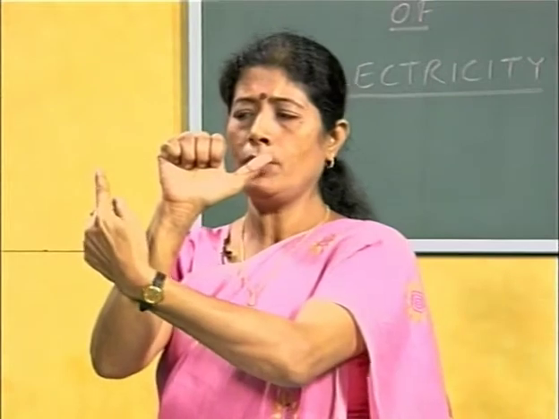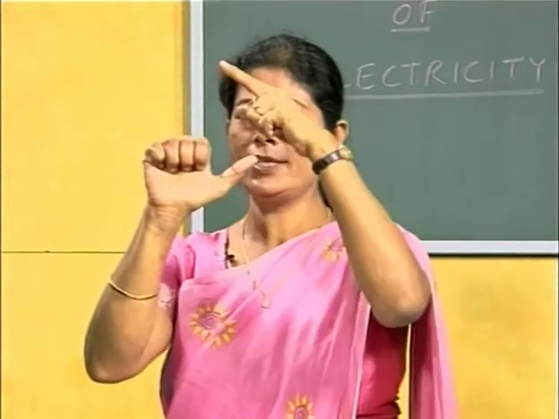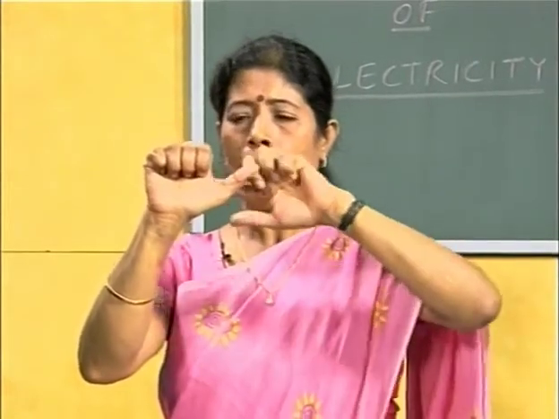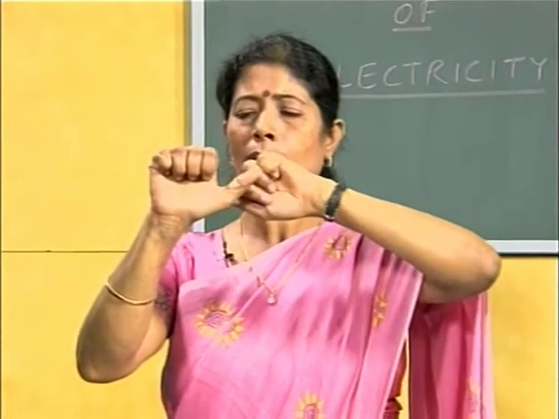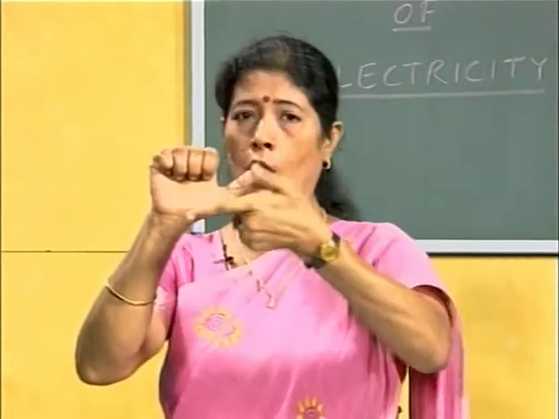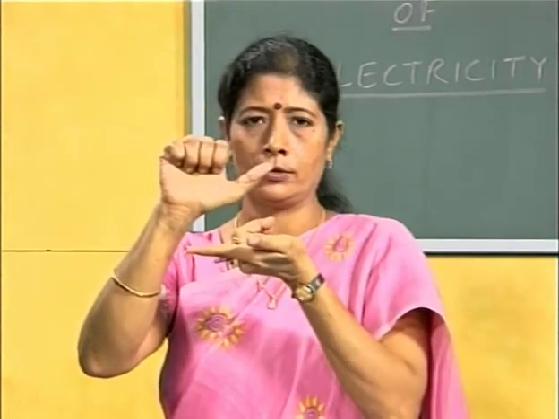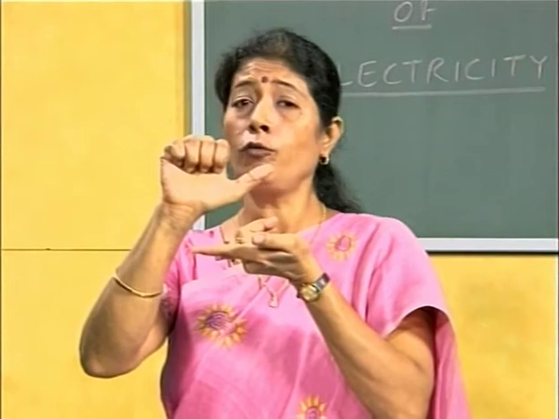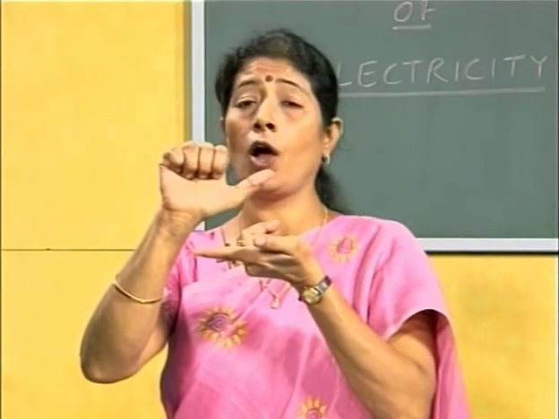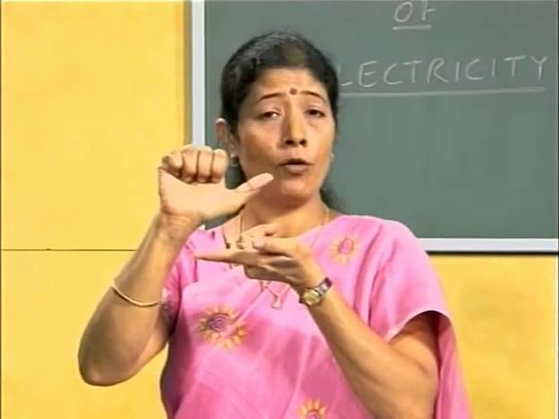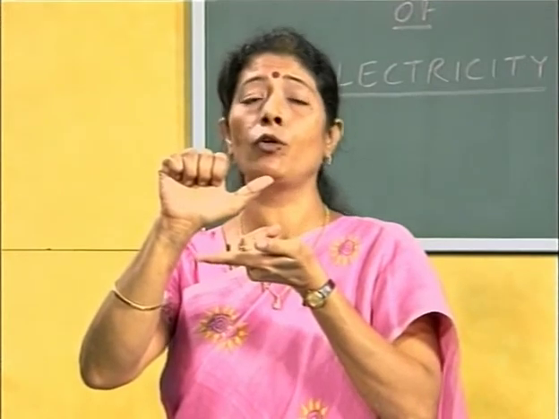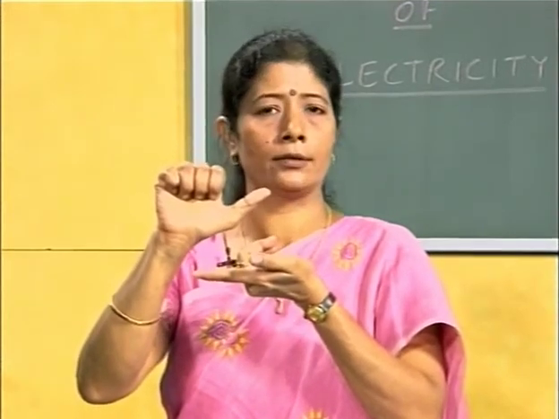As the direction is from east to west, this is north, this is south. So above the conductor, the direction will be from south to north, and below it from north to south. In this manner, you can find out the direction of the magnetic lines of force if the current is flowing through a conductor.